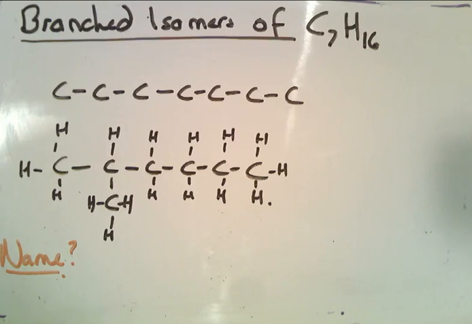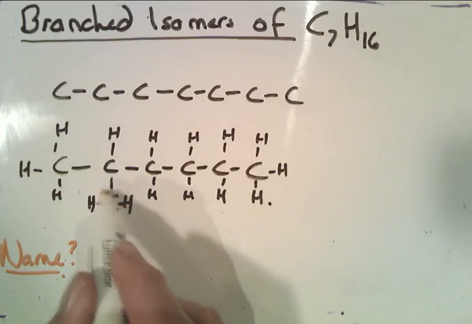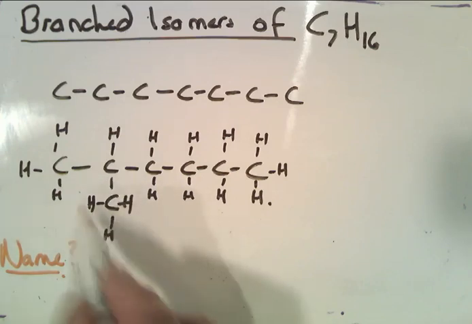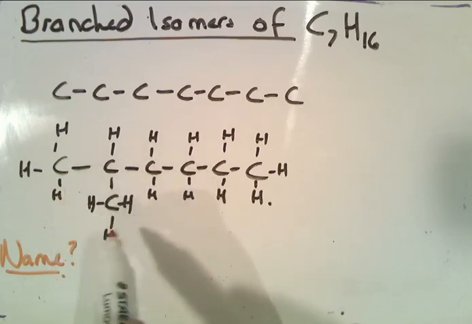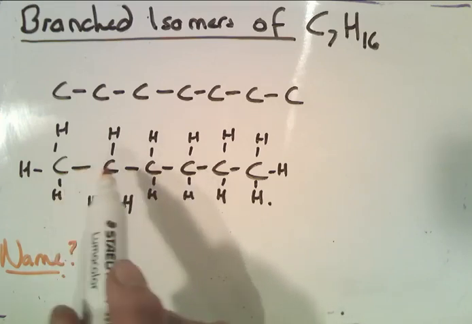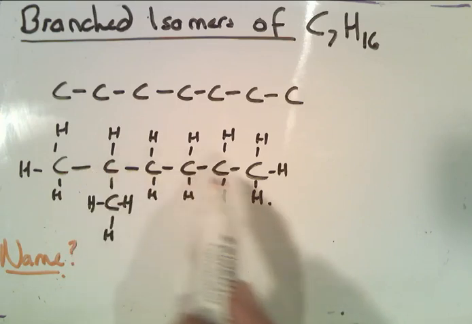I've added the hydrogens. You need to always add your hydrogens. Each carbon has 4 bonds, so there's 3 hydrogens on this carbon down here. When you're naming a branched isomer, the first thing you have to do is find the longest chain.